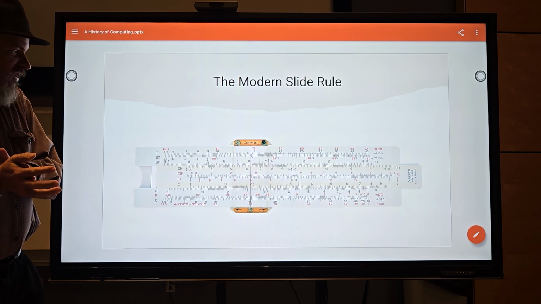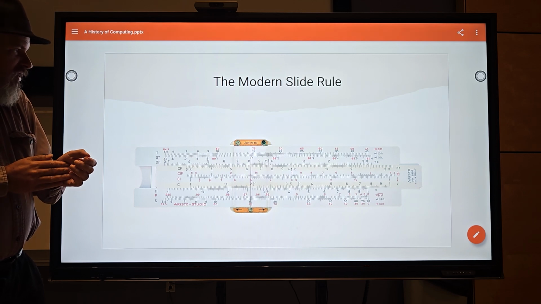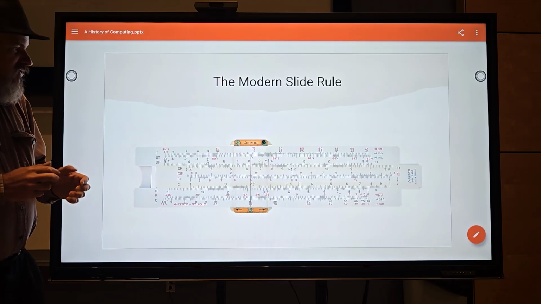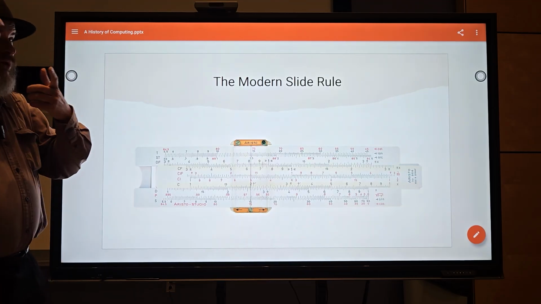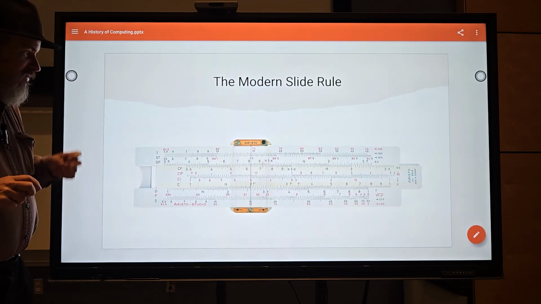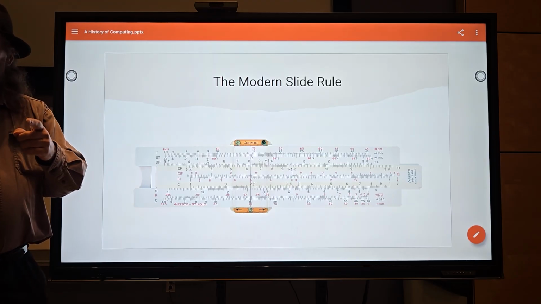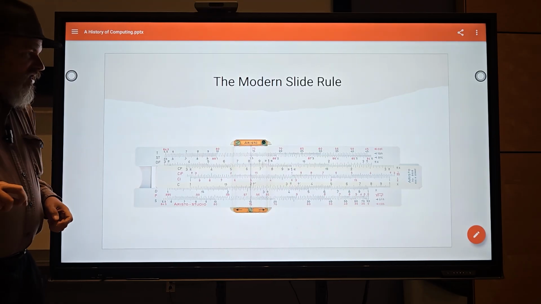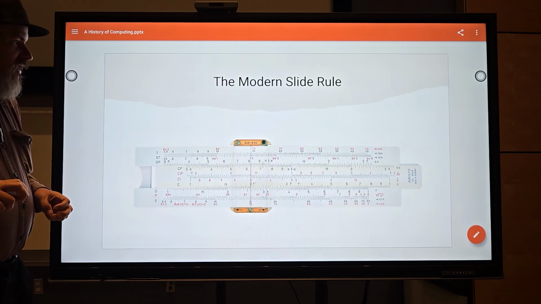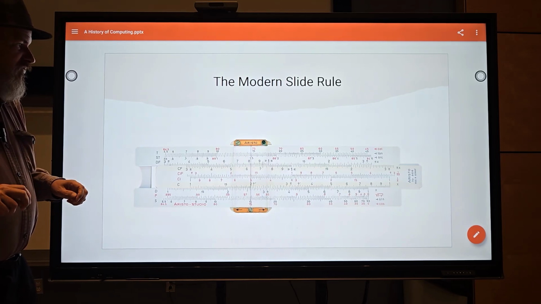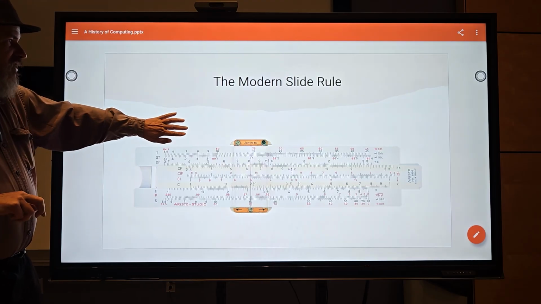So you can calculate all kinds of fun stuff with just this simple slide rule. I have one in my office. I forgot to grab it and bring it down to show you. They're typically about yay long, about that wide. But versatile little mechanisms invented in the 1600s.